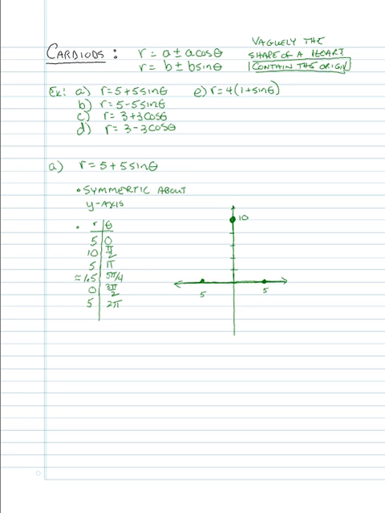That's an r value of 5 in that direction. Okay, let's say we have the angle 5 pi over 4, and that's roughly an angle that looks like this. And in that case, our r value is 1.5. So we measure along that direction 1.5 units. And that's roughly about right there.